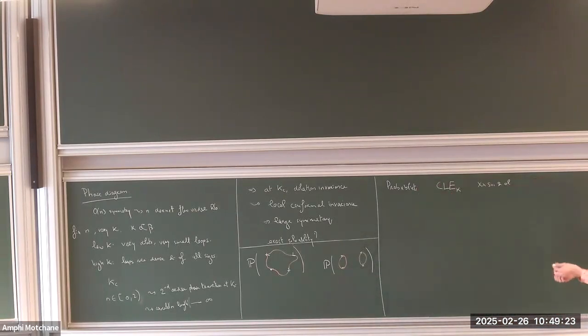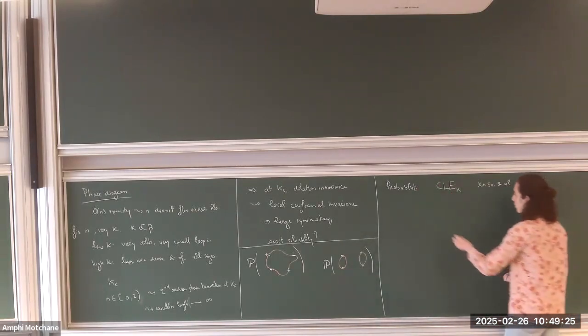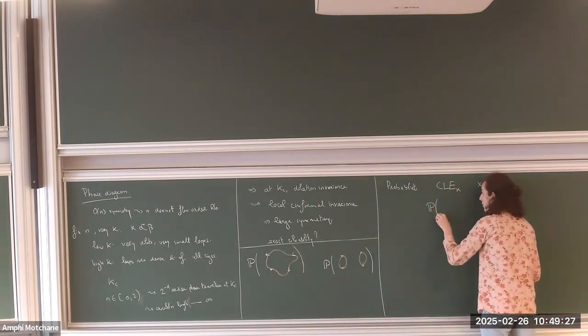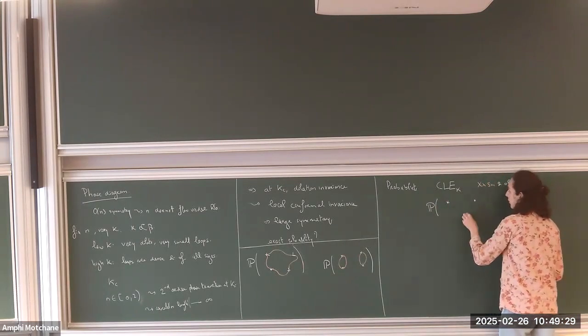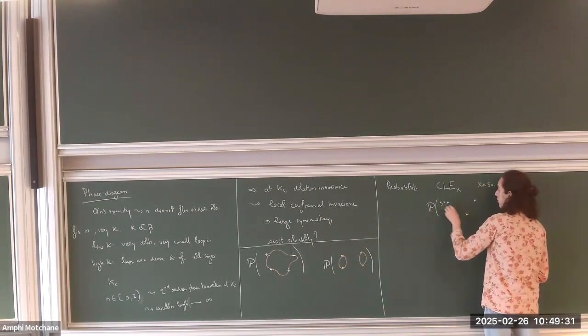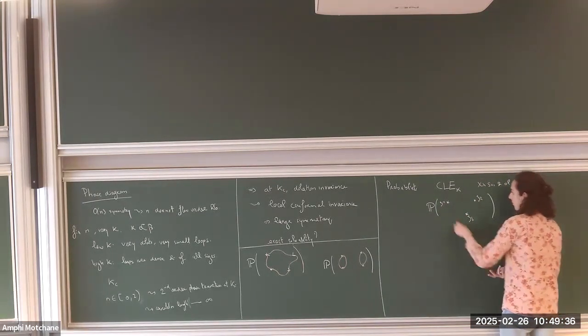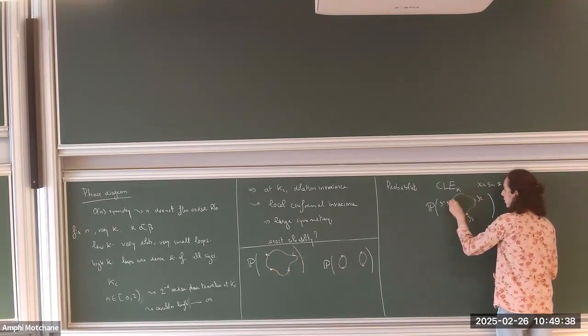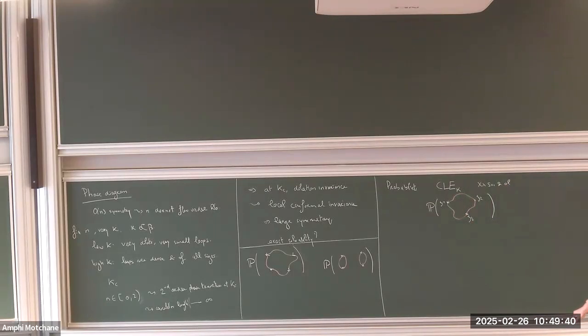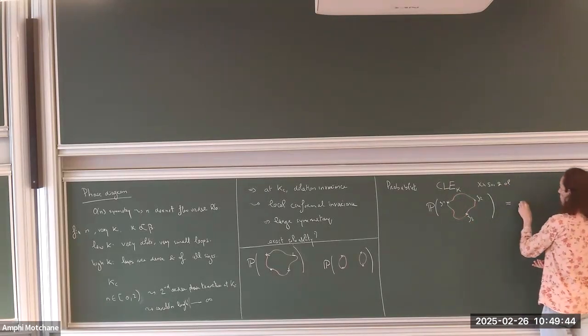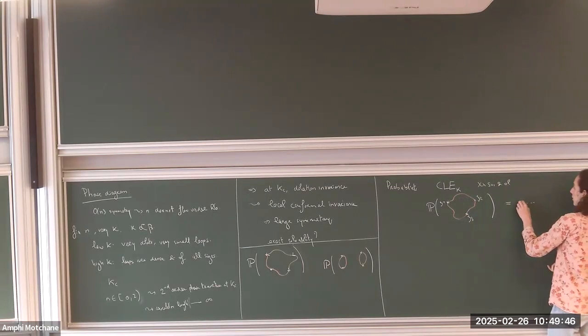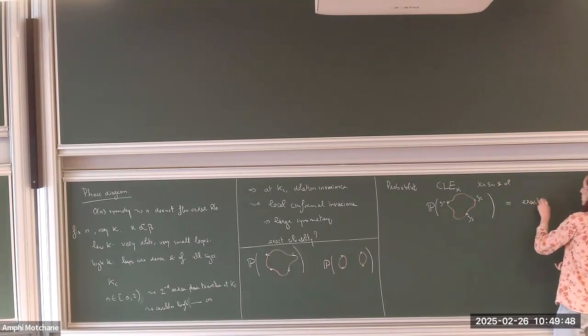In particular, the formula for the 3-point function, so the probability that 3 points at given positions z1, z2, z3 lie in the same loop. This is now a theorem. It's exactly computed. There is an exact formula for it.